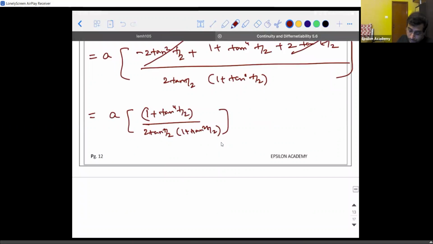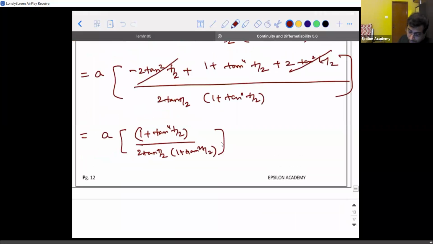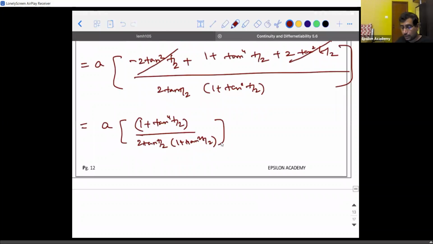So let this be equation number 2. Guys, just 2 minutes. Charge and my pencil is over. Can you please try writing dy by dx for this?